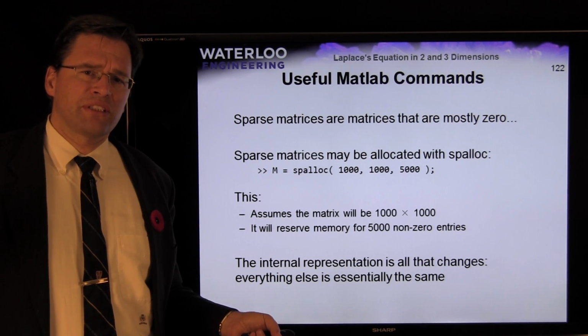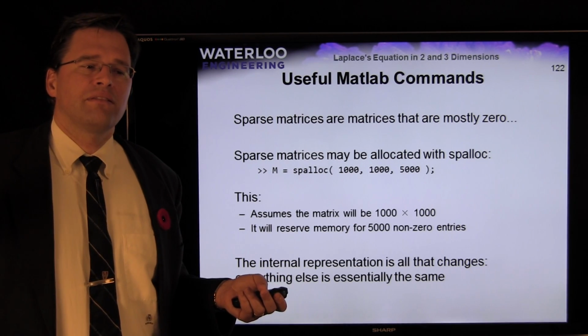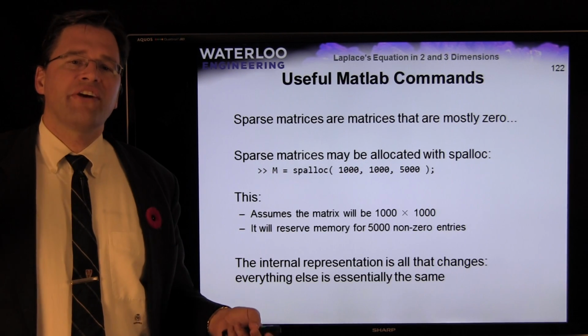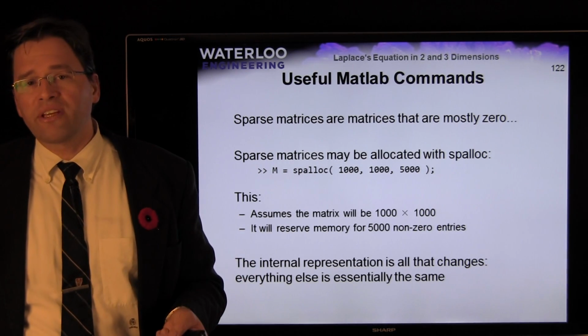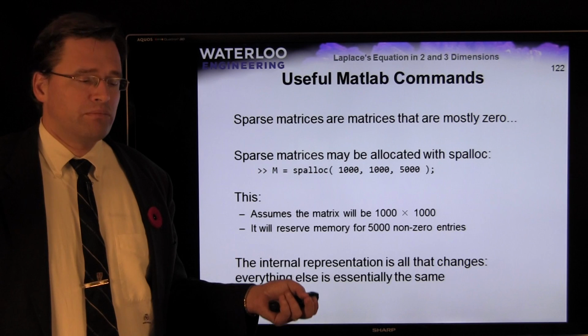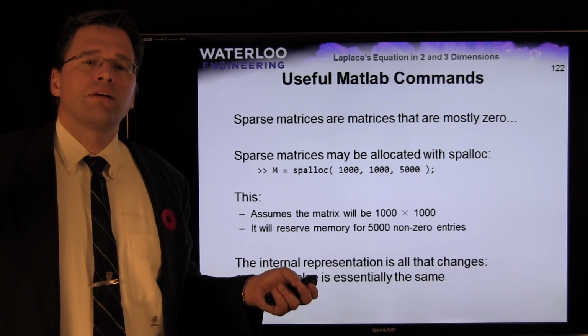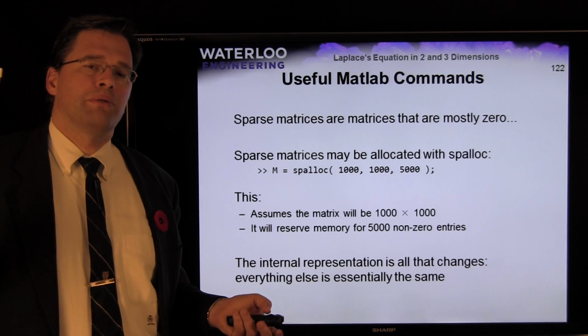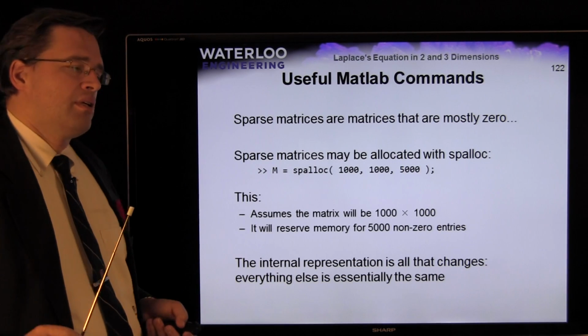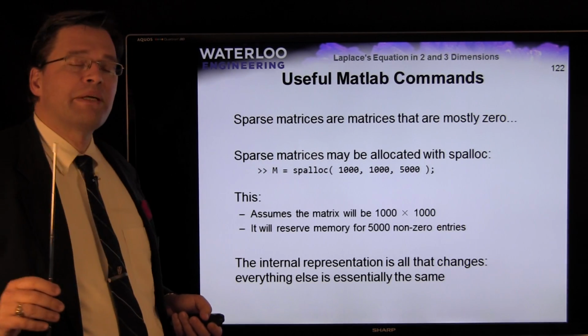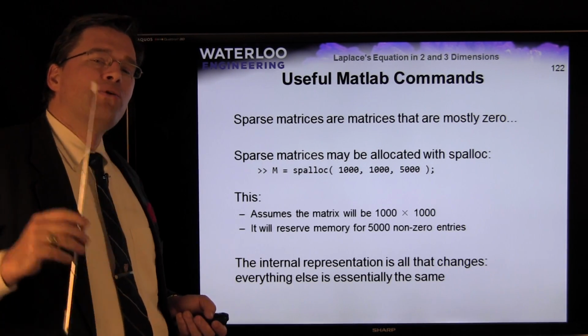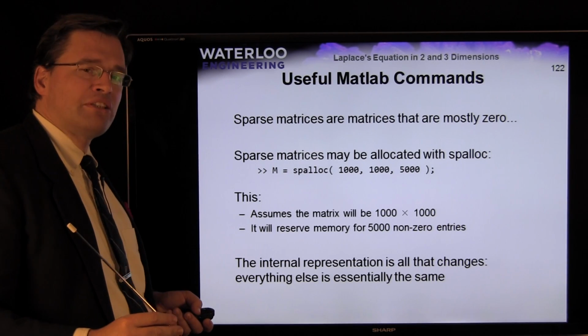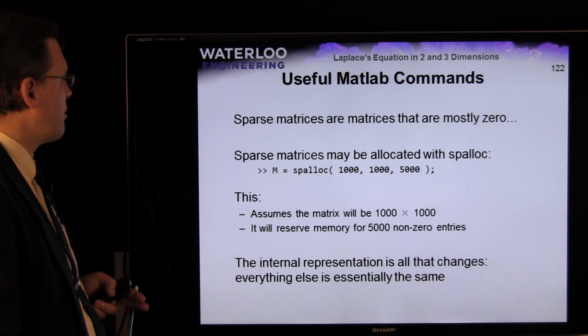If you try to solve such a system, it gets very expensive very quickly, because solving an n by n system is order n cubed. If you have a sparse matrix where most of the entries are 0, you can significantly reduce the solving time.